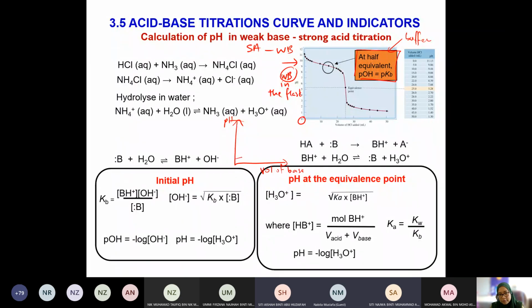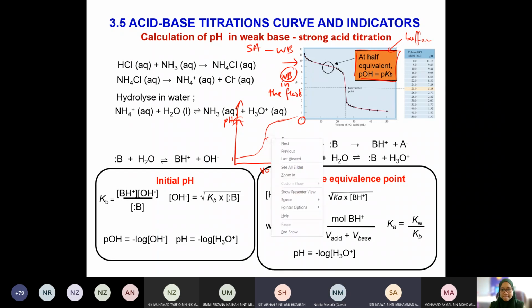Sebab dia strong acid kan, so dia nak dekat-dekat 1, 2 macam tu. So around here lah. Strong acid around 1 macam tu. Dia dah start ni lah. Ni saya punya ni terpendek. Okay, kena panjang sikit. Tada! Okay, so this is your equivalent point.